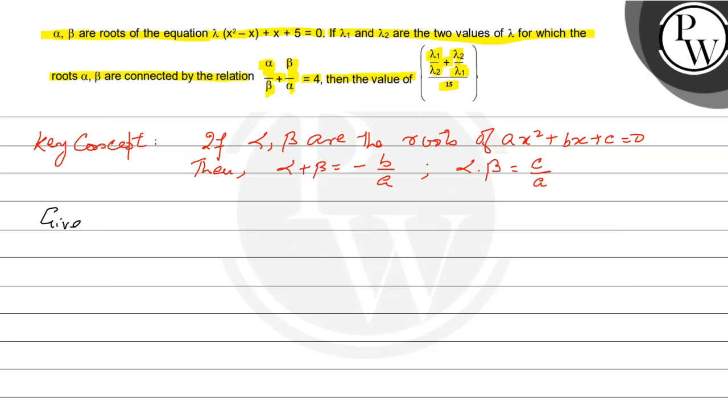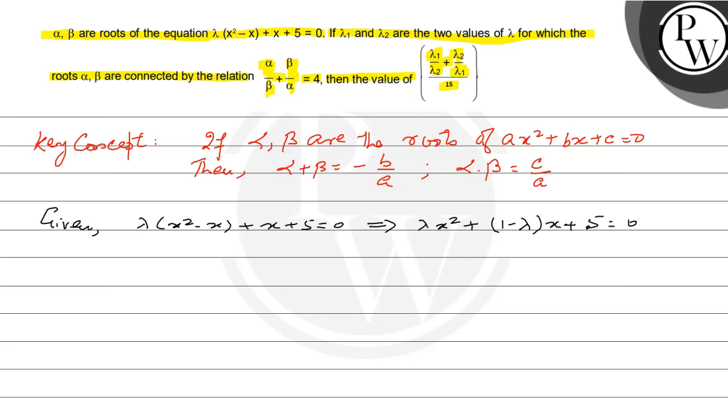So what is given? First of all, I will be writing, given: lambda times x square minus x plus 5 is equal to 0. It can be written as lambda times x square plus (1 minus lambda) times x plus 5 is equal to 0.